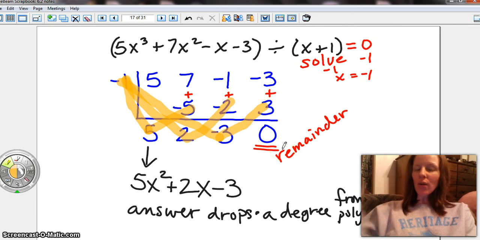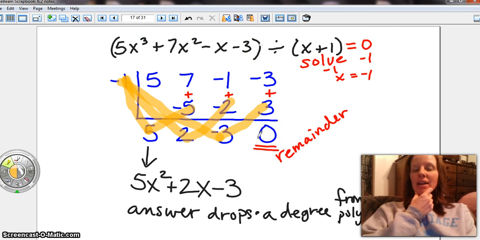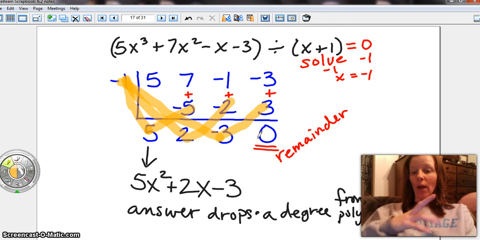And remember, 0 tells us the same sort of information that our remainder of 0 had before, which is x plus 1 is in fact a factor of 5x to the third plus 7x squared minus x minus 3.